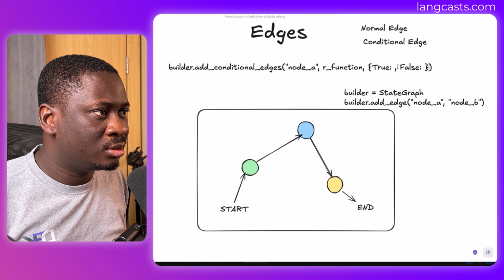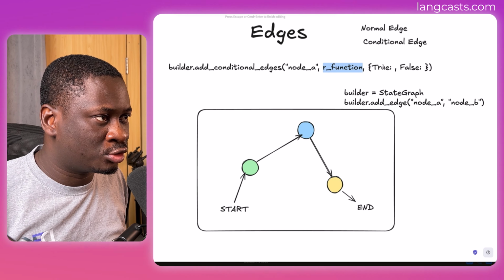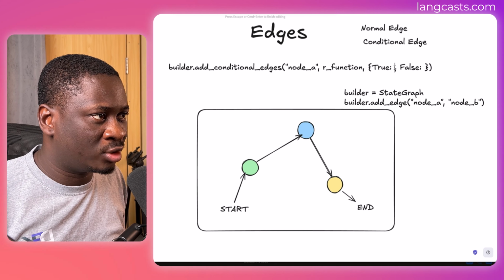Here you can say if the condition in this routing function is true, then go to node B, and if false, go to node C. You have to return a Boolean from your routing function if you're going to use this style. So this is another syntax for add conditional edges.